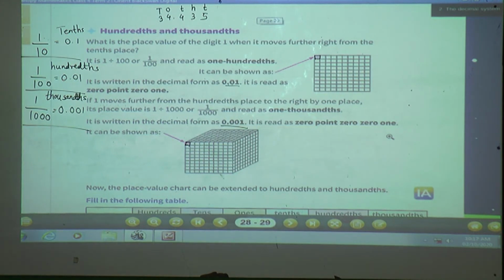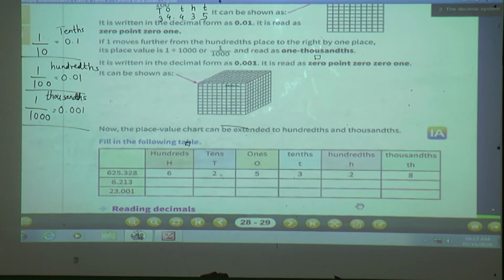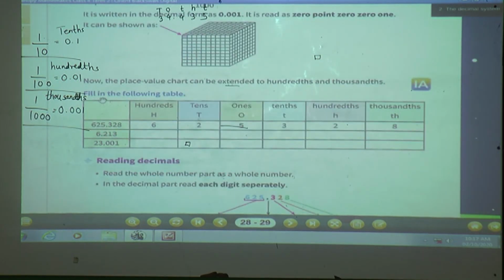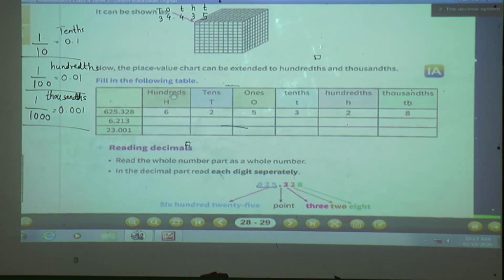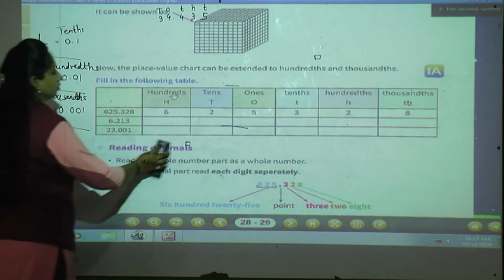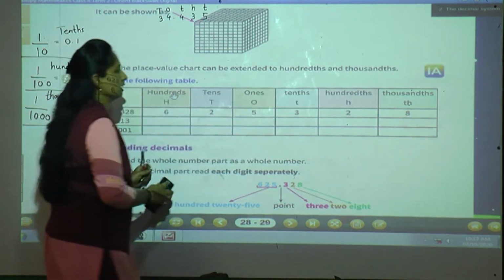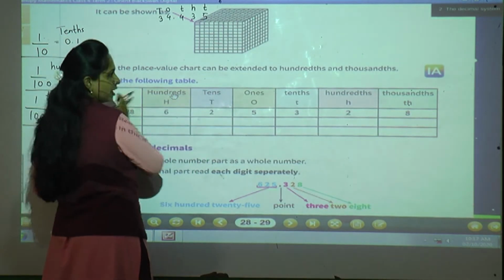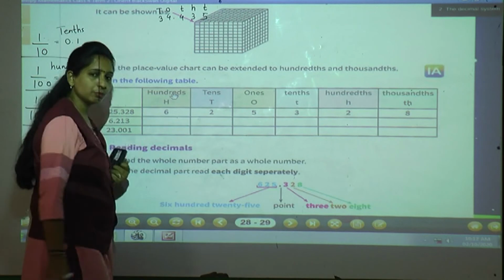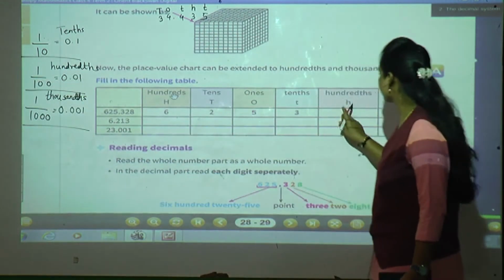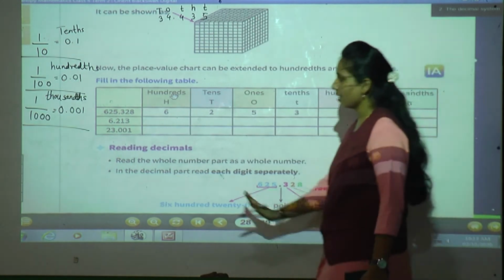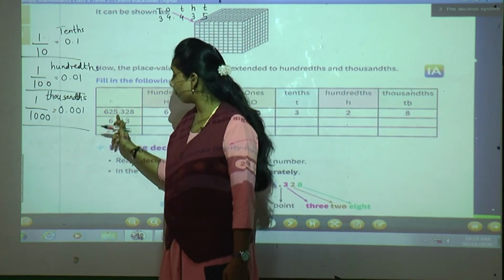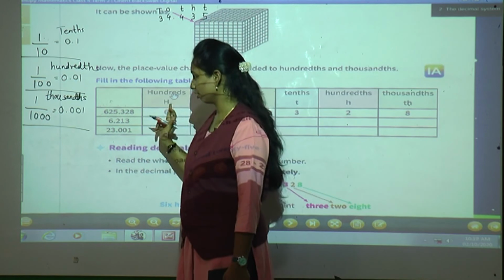Now the place value chart can be extended to hundredths and thousandths. Just now we have seen the place value chart up to tenths. Now see in this place value chart, they have given fill in the blanks. In the last place value chart there were ones, tens, hundreds, thousands and only tenths. Now we have studied hundredths and thousandths. See the first example, 625.328.